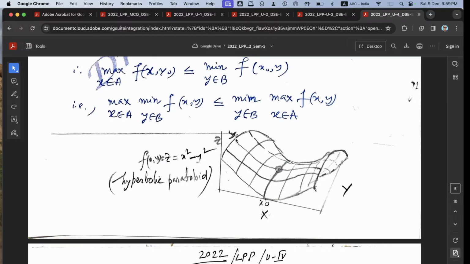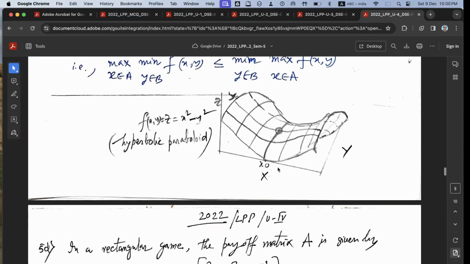This minimum value is the min f(x,y), the function f(x,y) corresponding to y belonging to B. And there is the maximum, the maximum of this min, the max min. For this curved surface, this is the minimum value. So of all these minimum values, the maximum is this point. And this is the maximum of this curved line. So the minimum value of this maximum value is at this point.